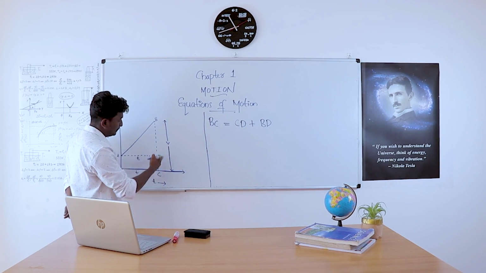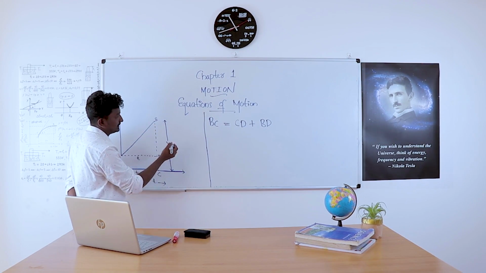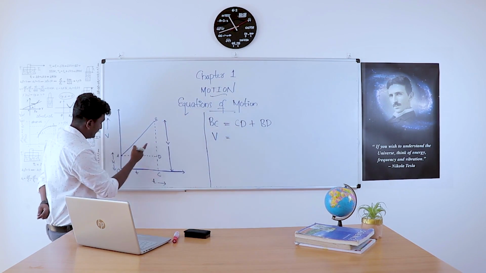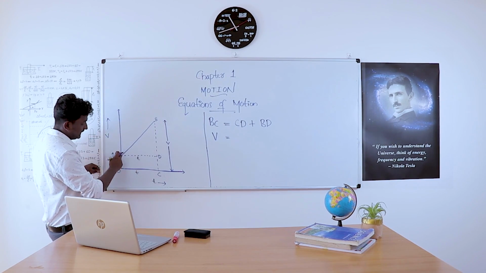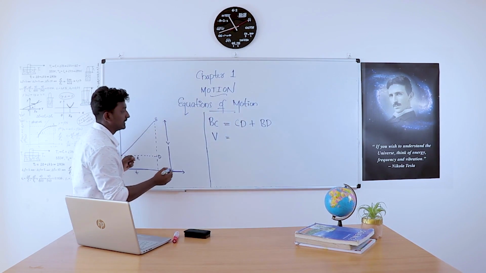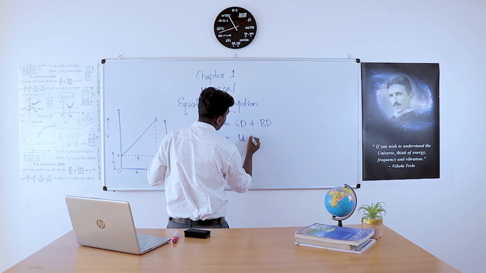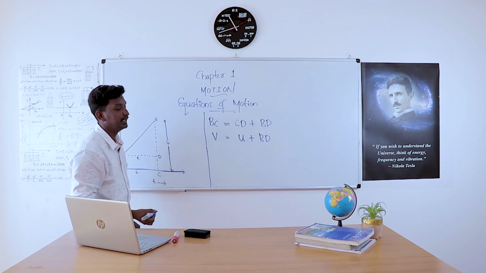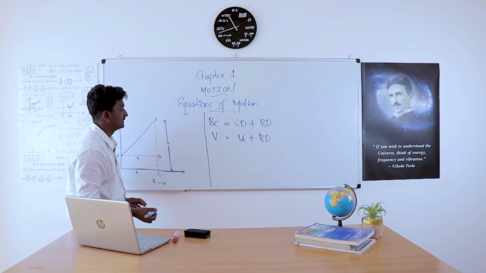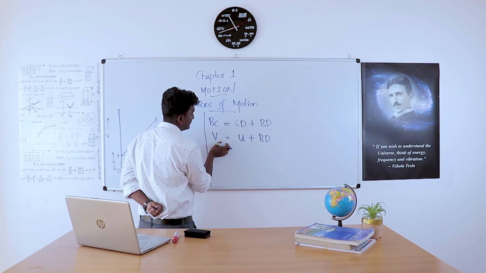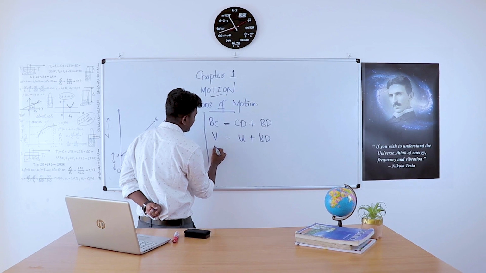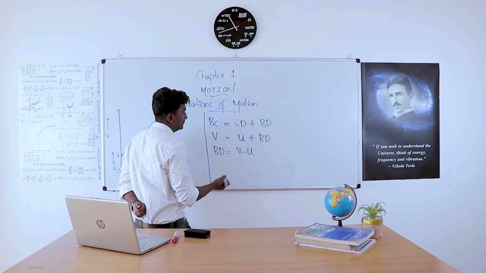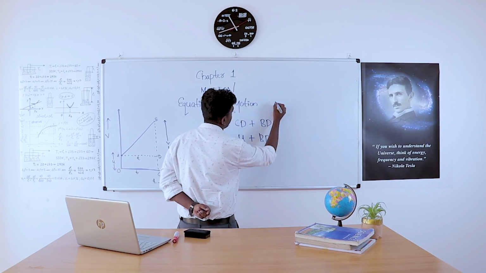We know that BC is V. Substituting, V is equal to CD plus BD. Look, CD and OA are the same, so CD is U. Therefore V is equal to U plus BD. We don't know what BD is. Shifting this U from the right side to the left side, it becomes negative, and BD is equal to V minus U. Put it as equation number 1.